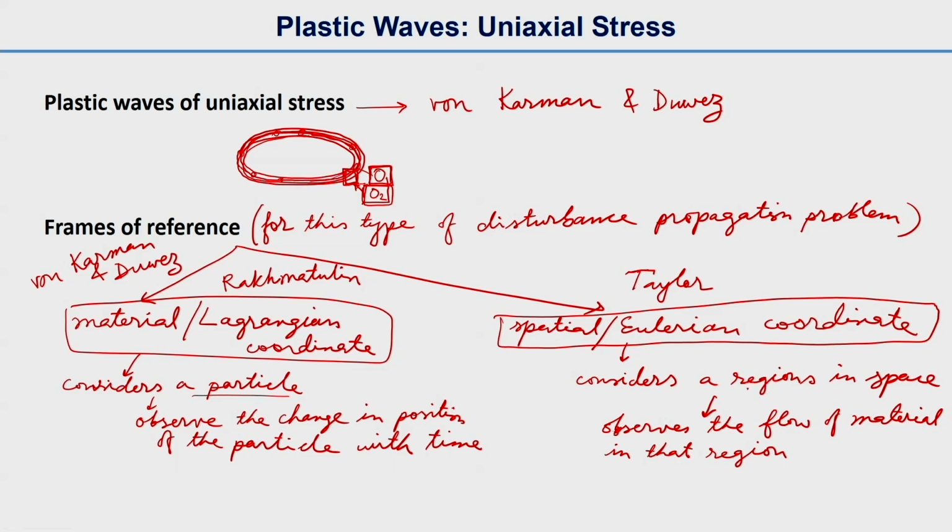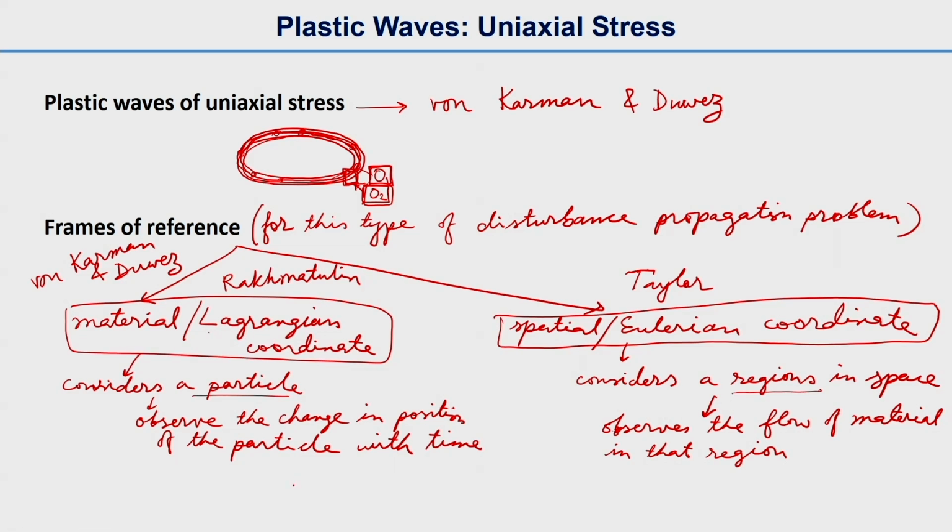So that is like considering a region in space, and observer 2 is the Eulerian frame of reference, and observer 1, who is observing only your friend and not the other runners, is the Lagrangian coordinates or Lagrangian frame of reference.